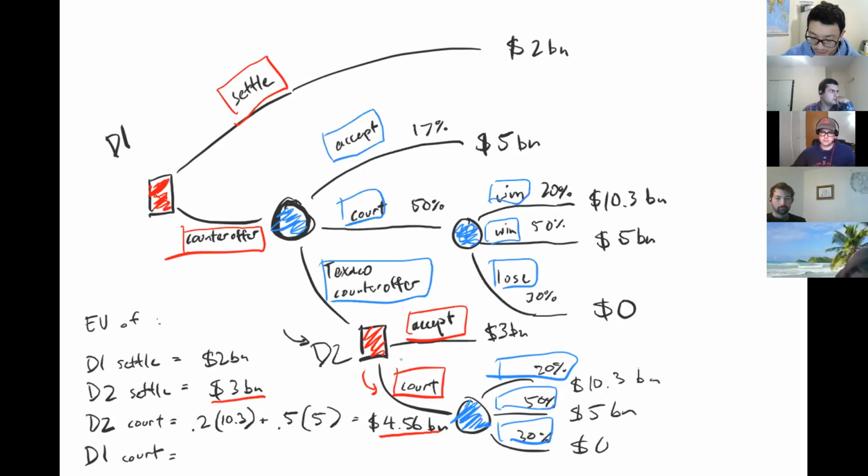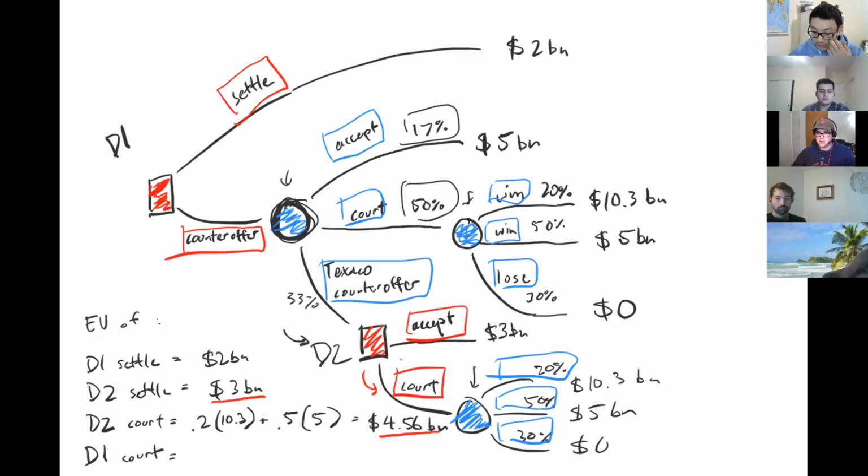So notice that out of this chance node, you have a 17% chance here, 50% chance here, which means that we know that the bottom branch has to have a 33%. And that's because out of every chance node, the total probability of all outcomes has to sum to 1.